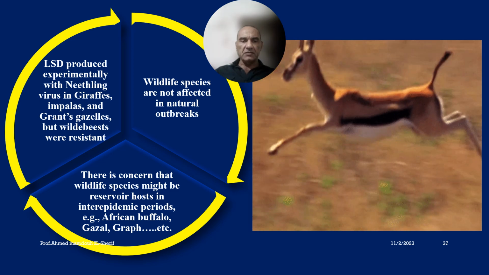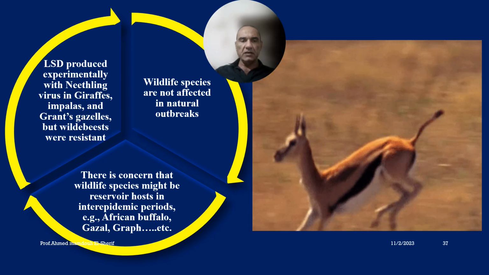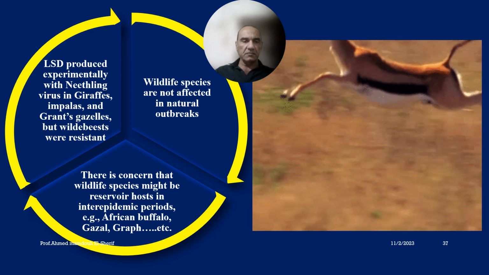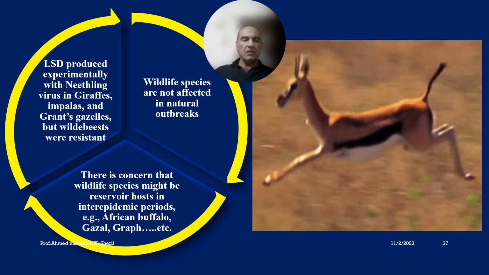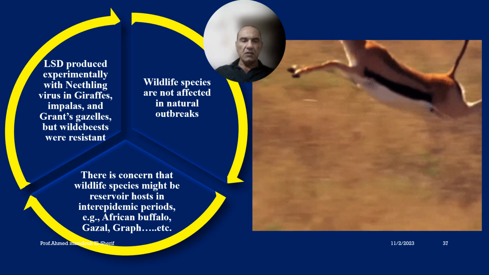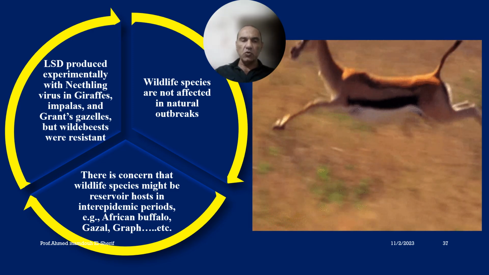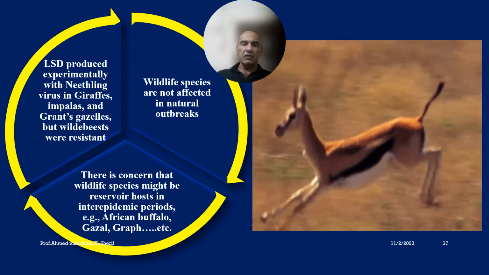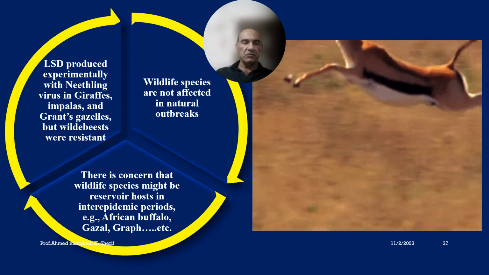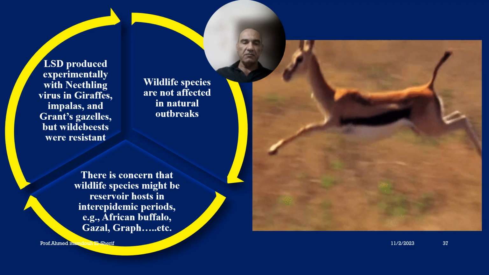Wildlife species are not affected in natural outbreaks of lumpy skin disease. There is concern that wildlife species might be the reservoir hosts in inter-epidemic periods, such as African buffaloes, gazelle, giraffe, and so on.